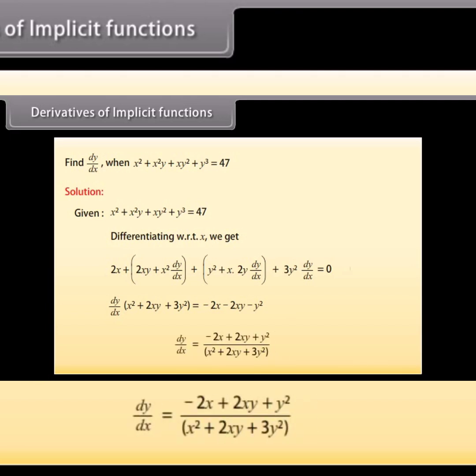So dy/dx is equal to minus of (2 into x plus 2 into x into y plus y square) divided by (x square plus 2 into x into y plus 3 into y square).